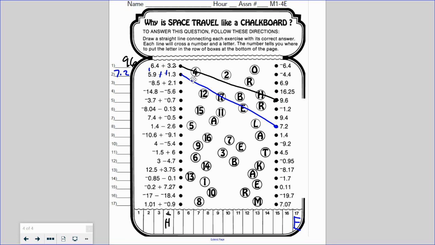For number 1, I went through 4 and H, so down here at number 4, I put the letter H. Remember, subtraction problems, you have to add your opposite. So now I have 5 and 9/10 plus a positive 1 and 1/3 to get 7 and 2/10. When I make my line, I go through 17 and E. So E is at the bottom.